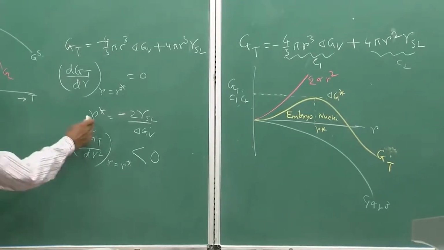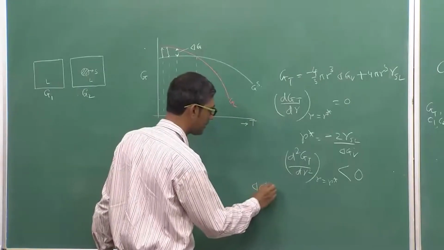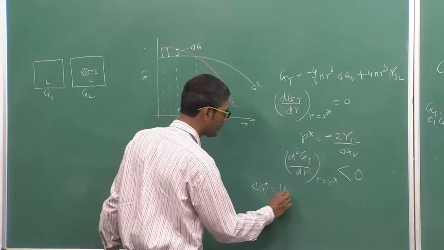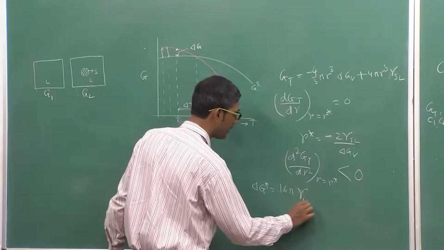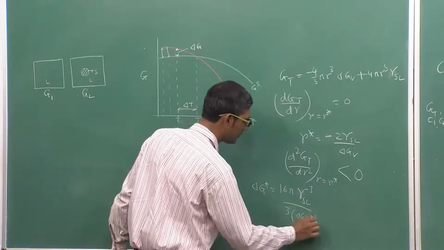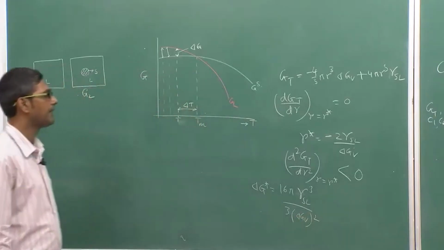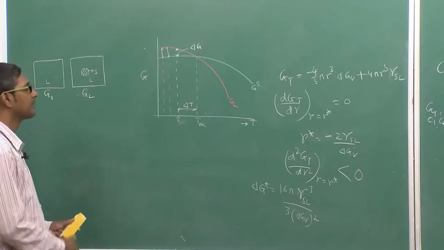Similarly, for this R star value, we can find out the barrier, the activation barrier, that will be equal to 16 pi gamma SL cubed by 3 delta GV square. Okay. Obviously, these are all very simple equations you can derive yourselves in your notebook.